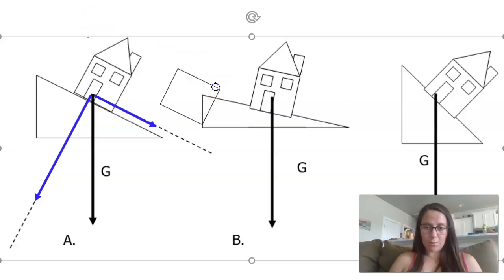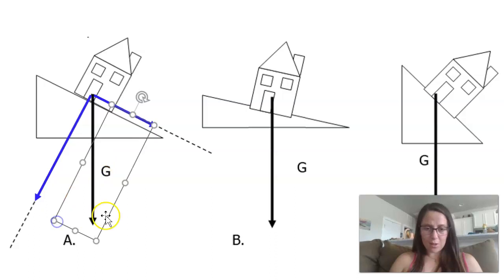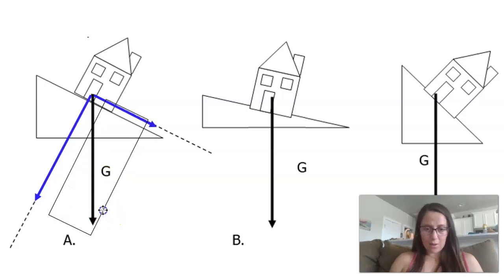I'm going to position my box here, perpendicular, lying on the slope, and having it extend all the way till I match my G.